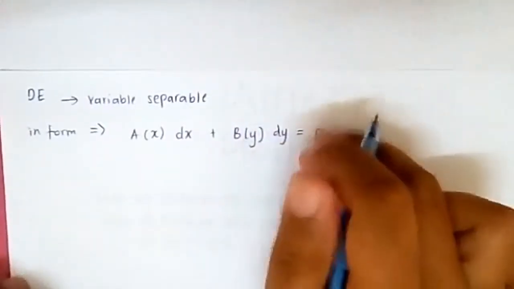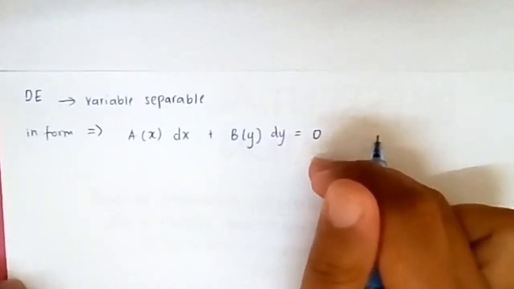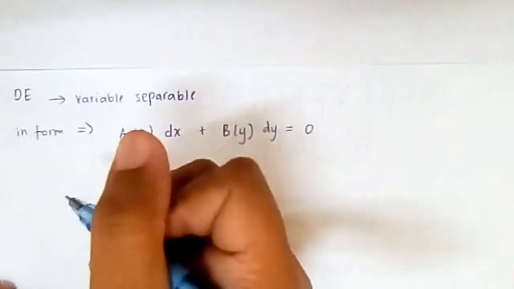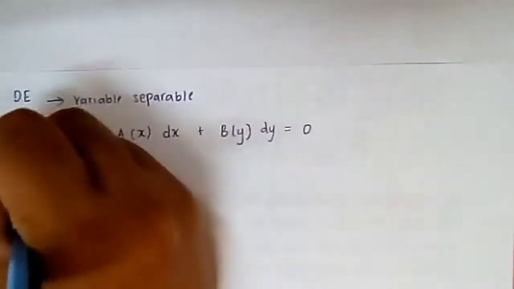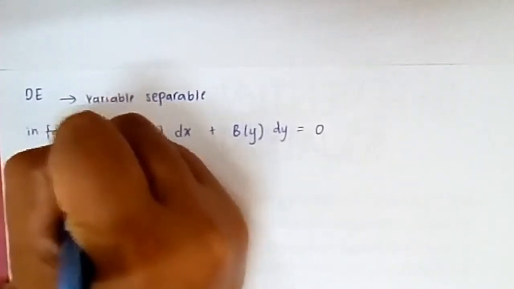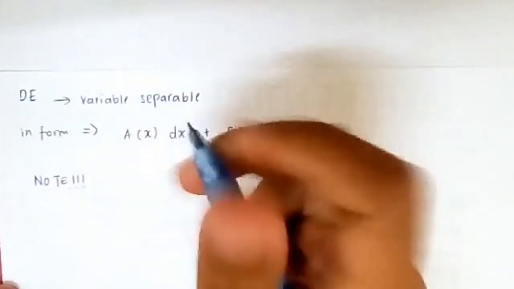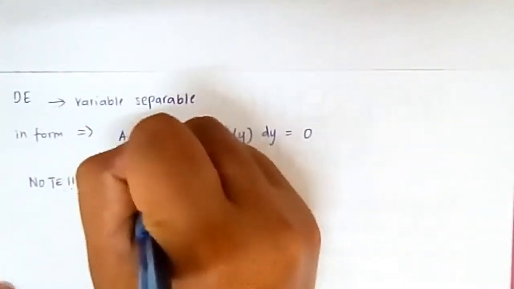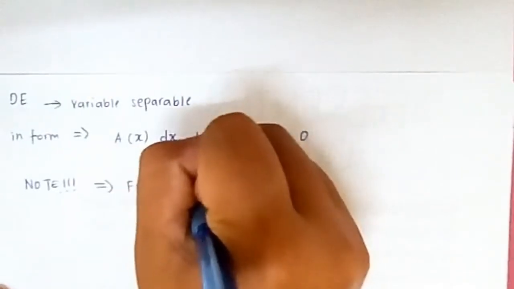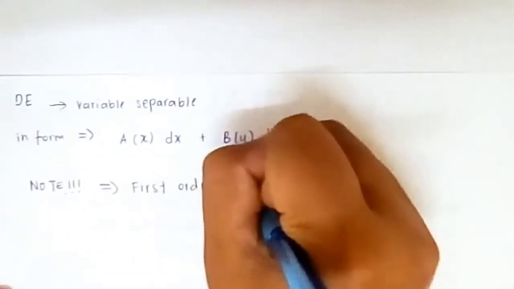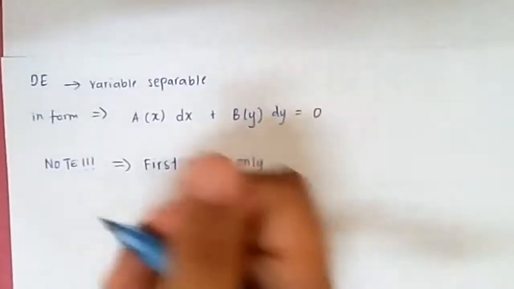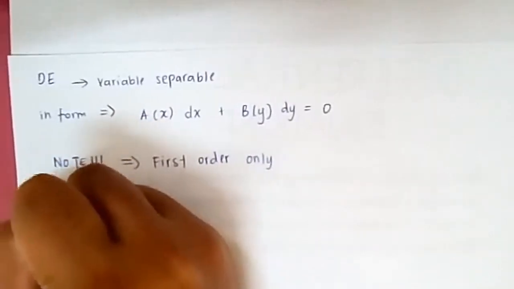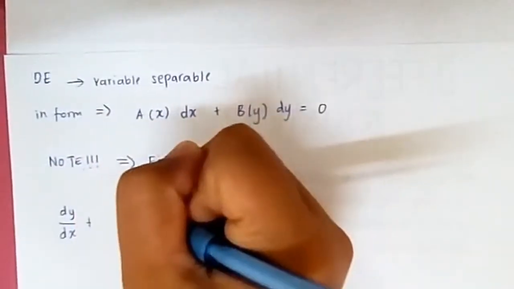Once we can write it in the above form, we can integrate to obtain our general solution. Note, in this variable separable section, we only deal with first order. So this is a differential equation that we can solve by separable variable.